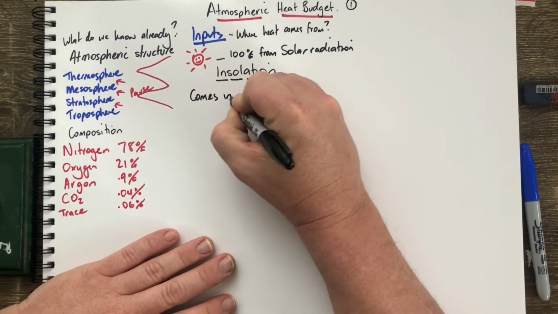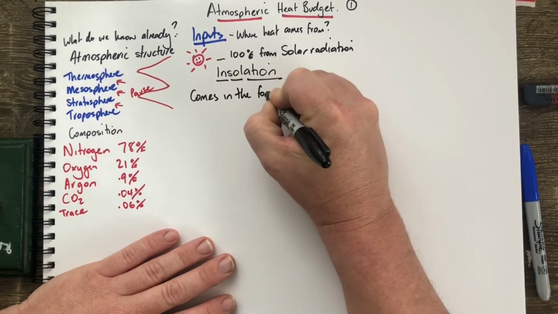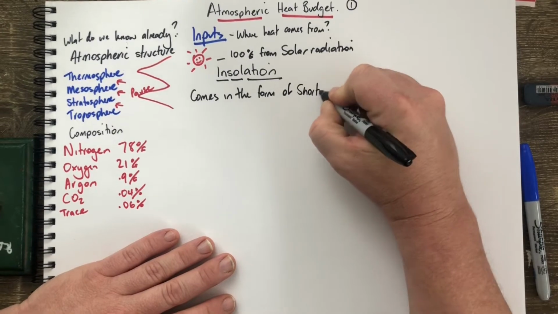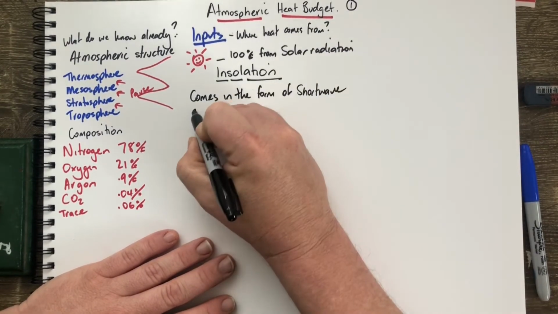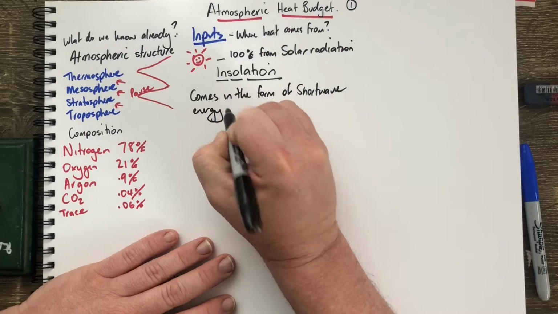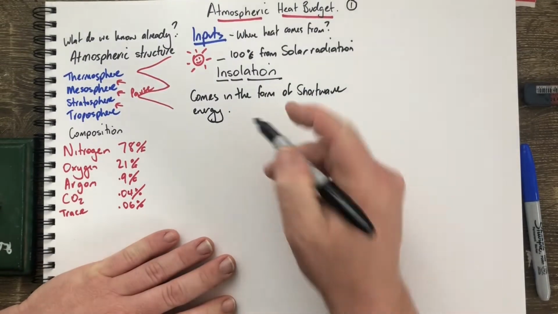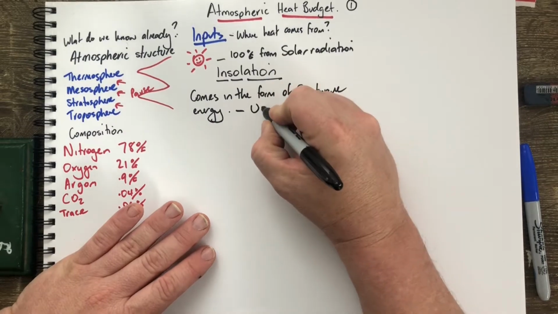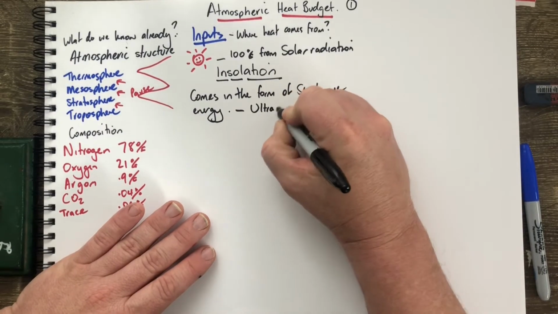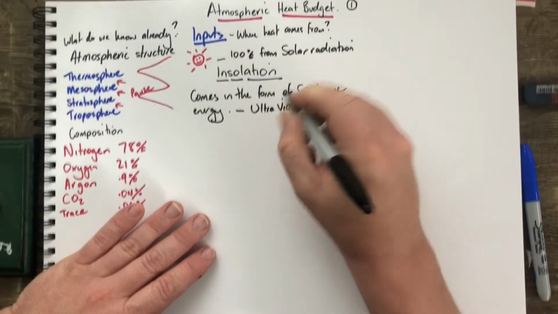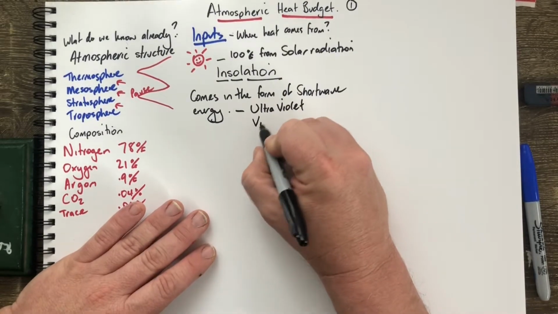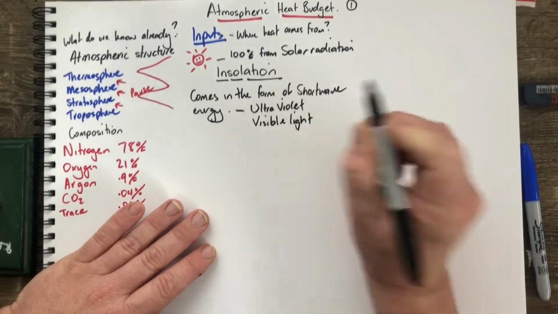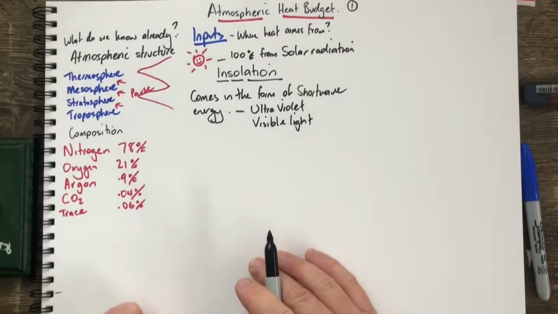Comes in the form of shortwave. Now when we think of shortwave energy, that normally comes in the form of ultraviolet and visible light. So that's our shortwave energy.